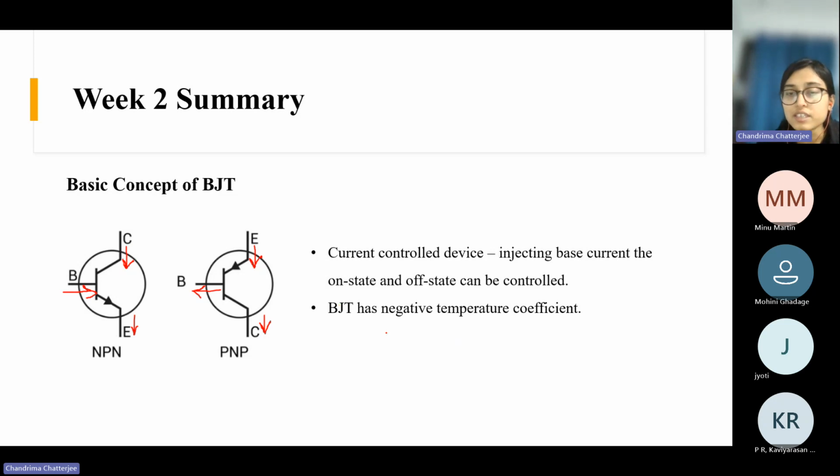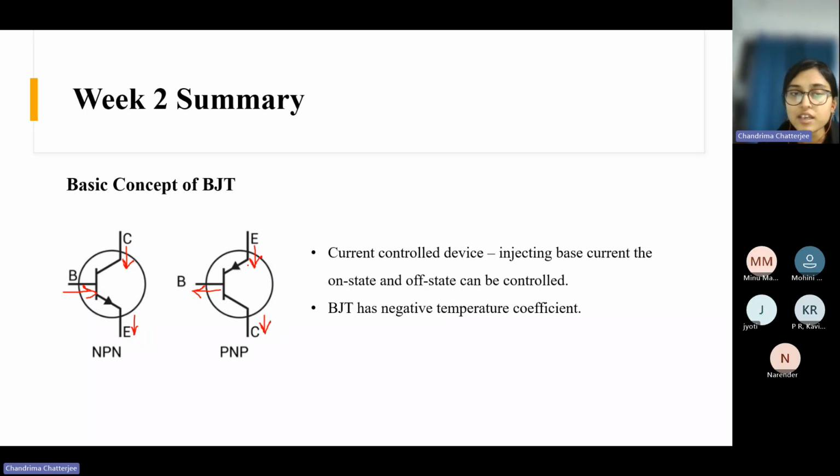Now, negative temperature coefficient means that as the temperature of a device rises, the resistance associated with this device will reduce. Positive temperature coefficient means as temperature rises, the resistance will also rise. But negative temperature coefficient means that as the temperature of this device rises, the resistance will go down.